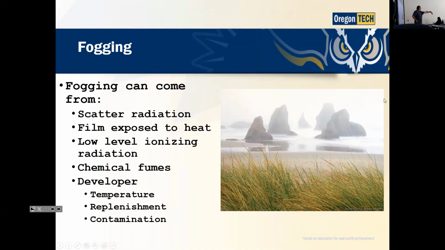If there was an X-ray room on the other side that didn't have shielding in the walls, you'd have low energy X-ray coming through and it would fog the film. Just like when you see that light pollution on your image where it was exposed to light. And then anytime developer temperature, replenishment rate, or chemical concentration, we'll hit that in a second.